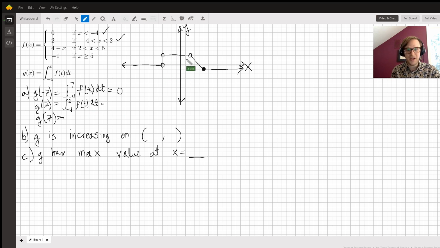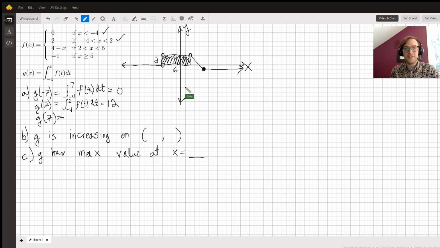So we can see under the curve, we have this rectangle. The base of the rectangle is 4 units plus 2 units, which is 6 units total. The height of this rectangle is 2 units. So the area under the curve is 6 times 2, which is 12. So that's for g of 2.